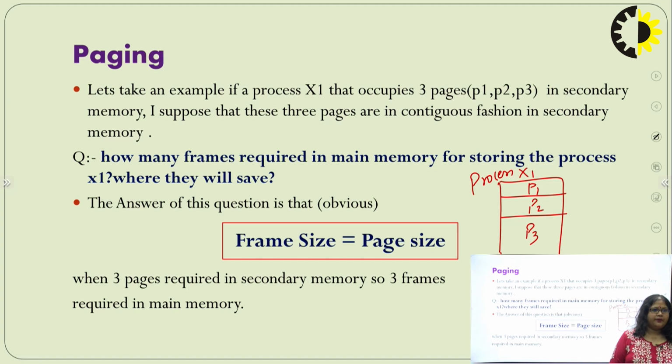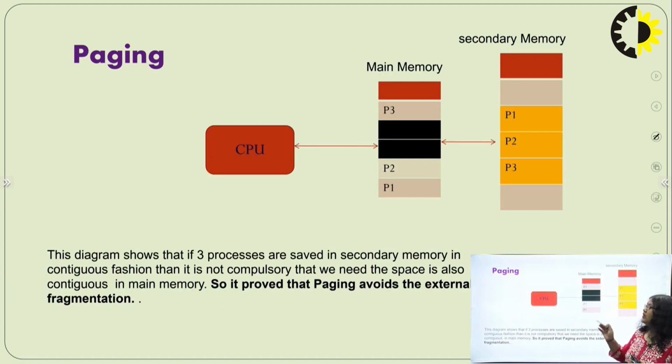This is the question, and it can be solved using this particular diagram. This is a diagram of the secondary memory, in which we have 3 pages p1, p2, p3 in contiguous fashion. But when we transfer them from the secondary to the main memory, they are transferred in non-contiguous fashion. P3 is the highest, then P2, then P1.